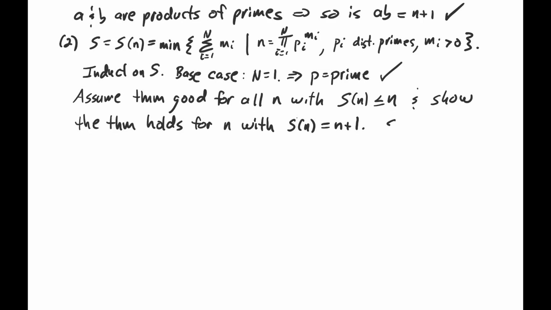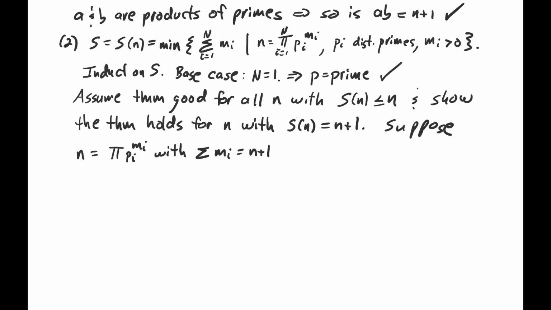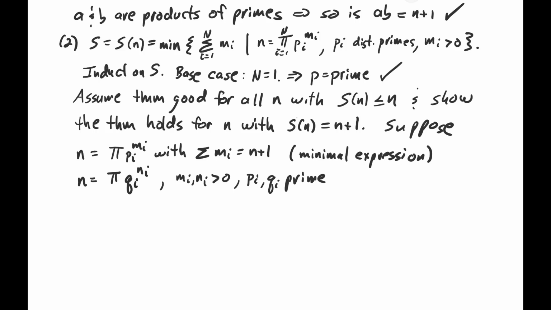So let's start with one of those n's where it's equal to n plus 1. So suppose that means n can be written as a product of p_i to the m_i, where the m_i's add up to n plus 1. And we'll assume this is one of the minimal expressions. Then we'll want to suppose it can be written another way and show that, in fact, it was the same way. So suppose it can also be written this way.